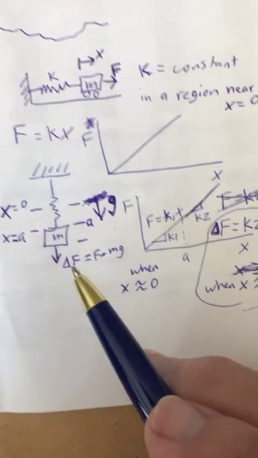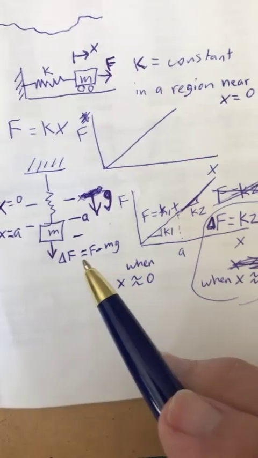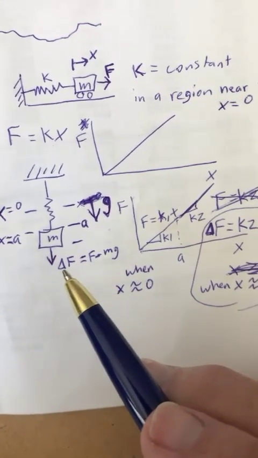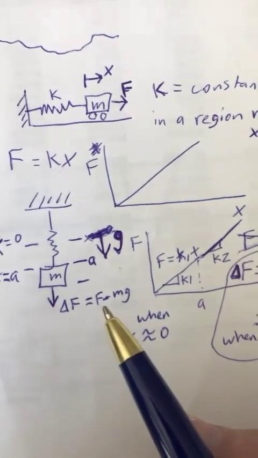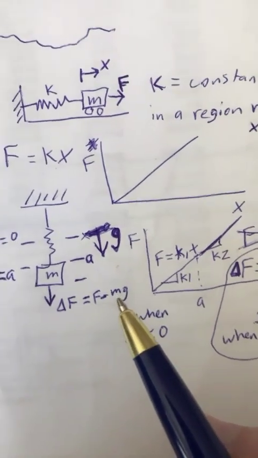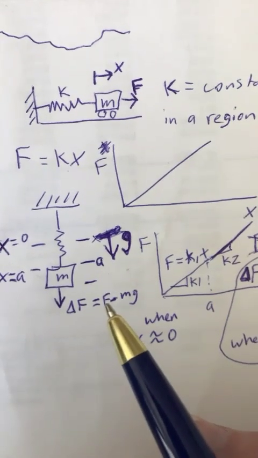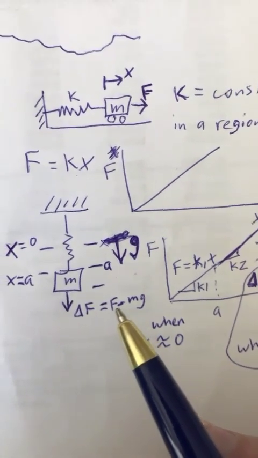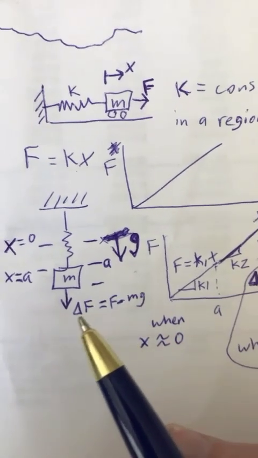So the additional force you might add at this point is delta F. Some total amount minus the mg is going to be the additional amount.